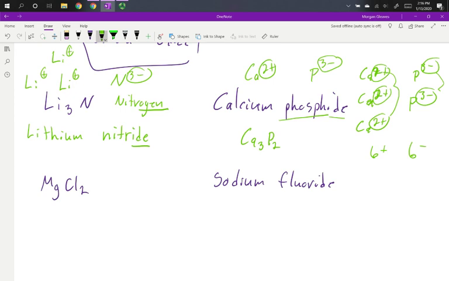Jumping down to MgCl2, well, I expect magnesium to be 2+. I expect Cl to be a minus. I need 2 of them to balance it. So the formula looks good. Name is just magnesium chloride. We don't mention that there's 2 chlorides. We just call it magnesium chloride.